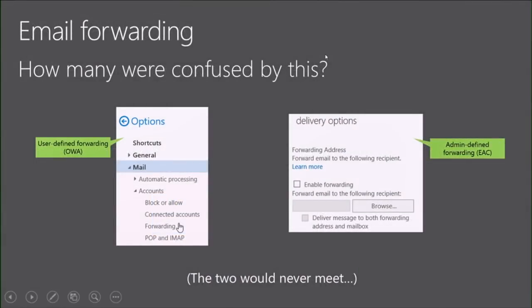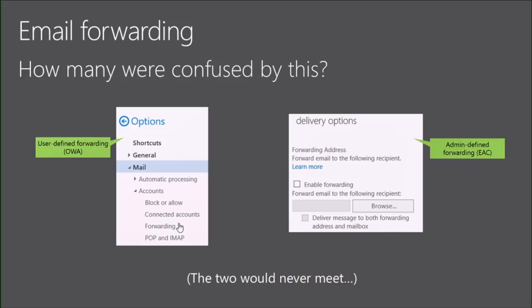Now, this is something that has been a lot of fun for many people, I believe. There was a time where we had user-defined email forwarding through Outlook web app, and we still have it. Then admins have this, if you knew exactly where to look and dig deep enough in Exchange Admin Center: you would have delivery options on a mailbox, and you would set email forwarding there.